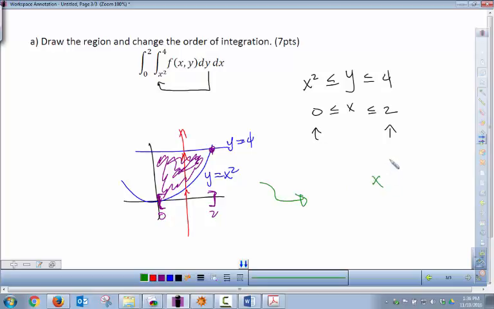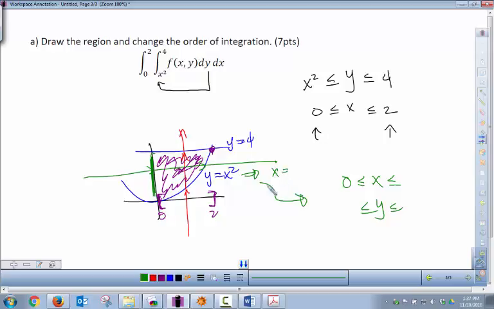So instead of going y first, I want to go x first. And that means I have my region all set up over here. I want to draw a line parallel to my x-axis and see where I enter and exit my function. So I enter my function here at x equal to 0, and then I have this function where I need to find x by itself so that I can write it as a function of y.